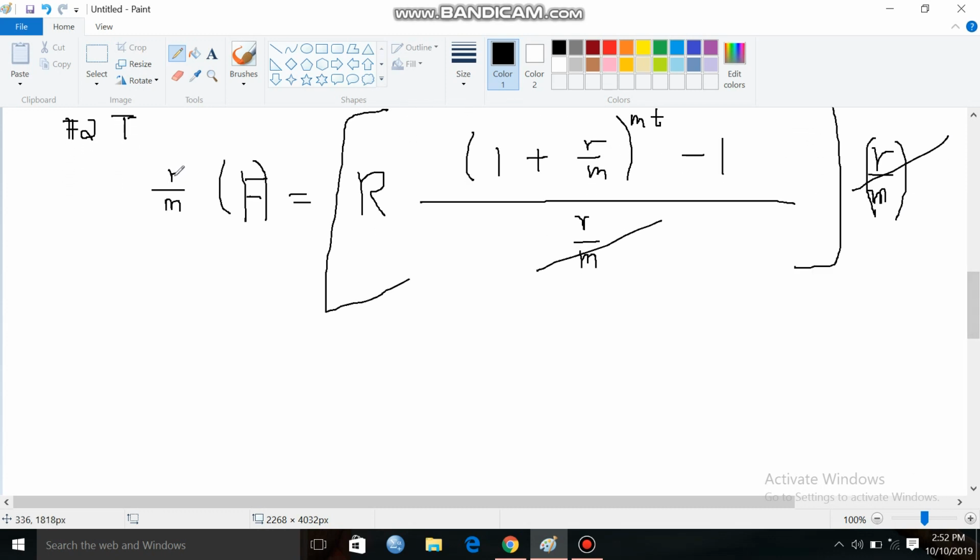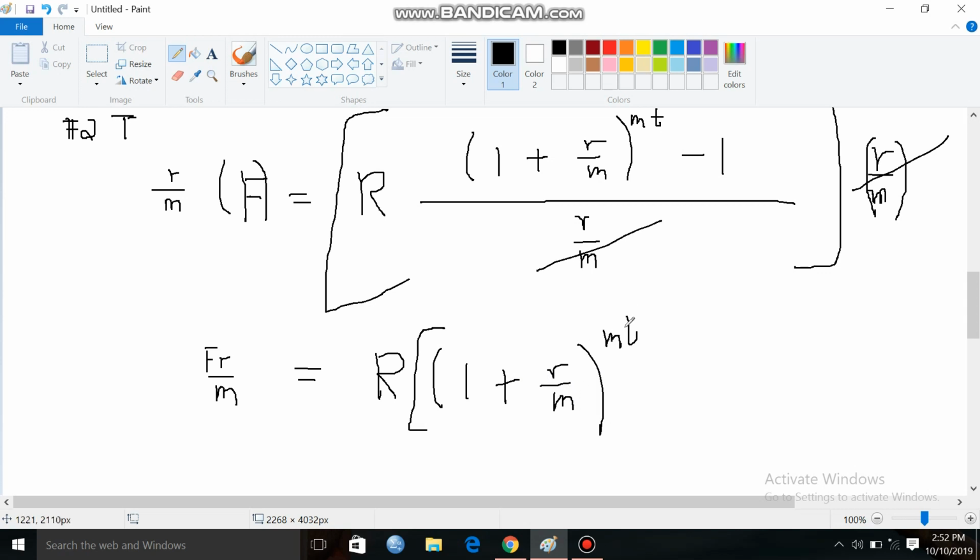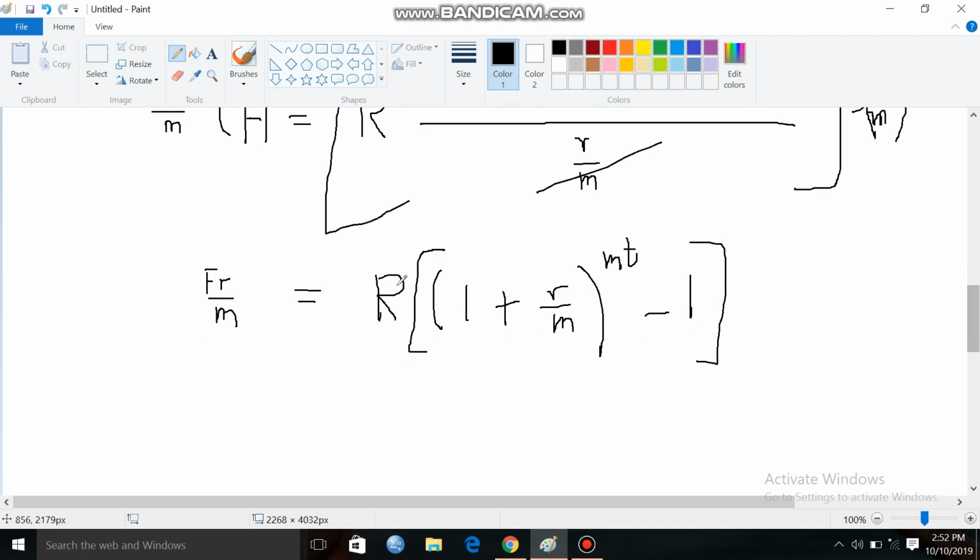Then we have F times r over m equals R, the regular payment, times the quantity (1 plus r over m)^(mt) minus 1. Next, let us eliminate this regular payment.